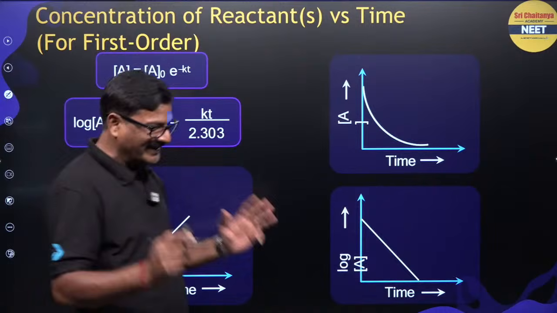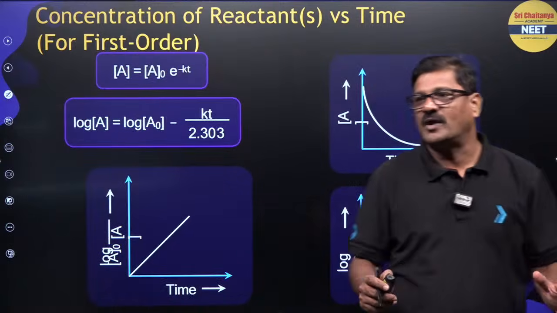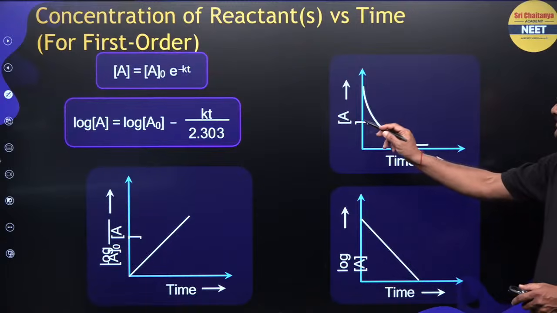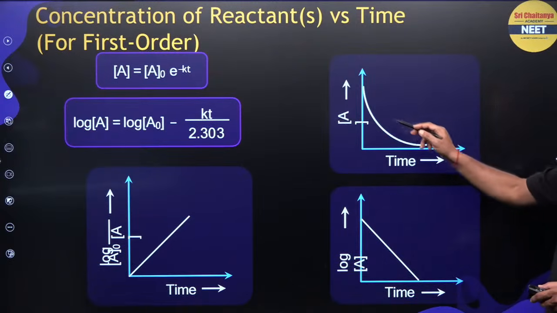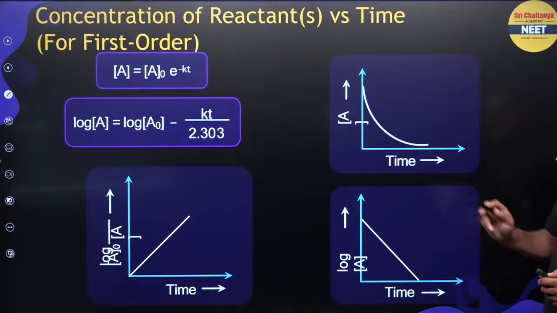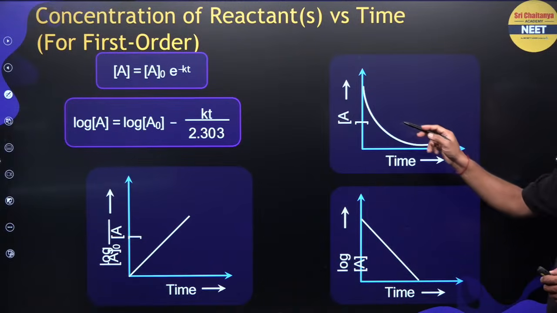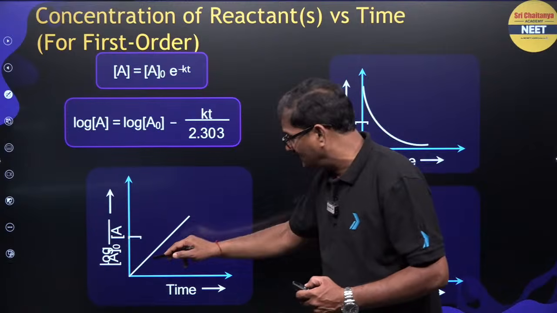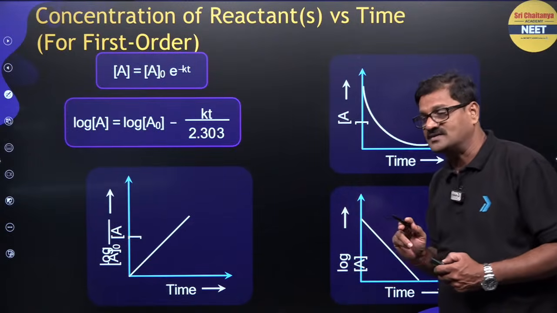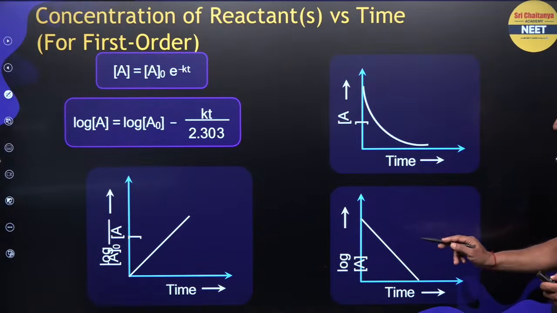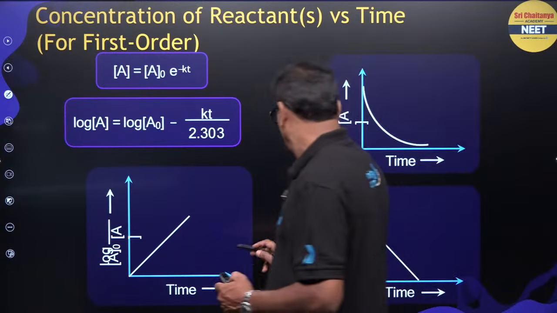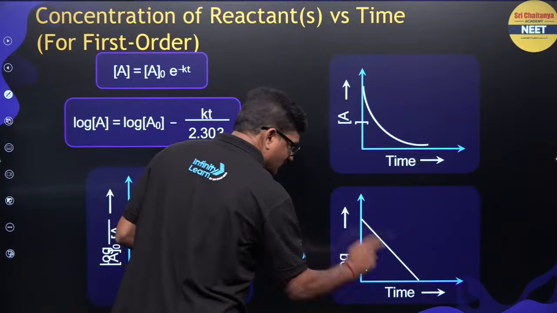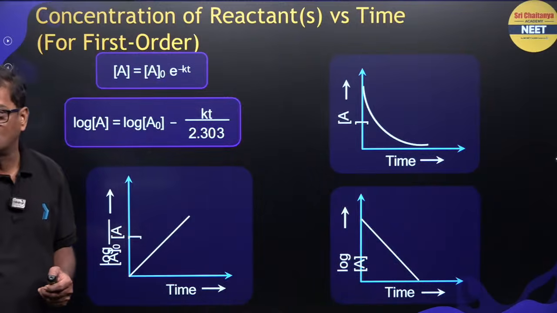Here we have 3 graphs. In graph number 1, concentration of A versus time is going to be a curve, a rectangular hyperbola. And log A versus time is going to be a straight line with a negative slope.